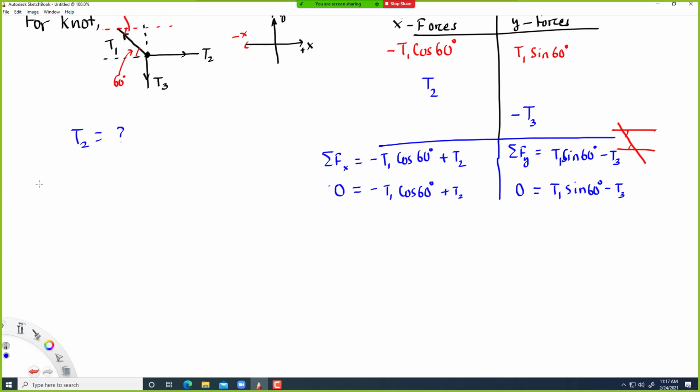You can plug in the values. Okay. So T1 is not known, so T1 you can just leave it as it is, cosine 60 degrees, plus T2, we don't know T2, and then the other equation is 0. T1 is unknown, and T3 we just found, that's 98.